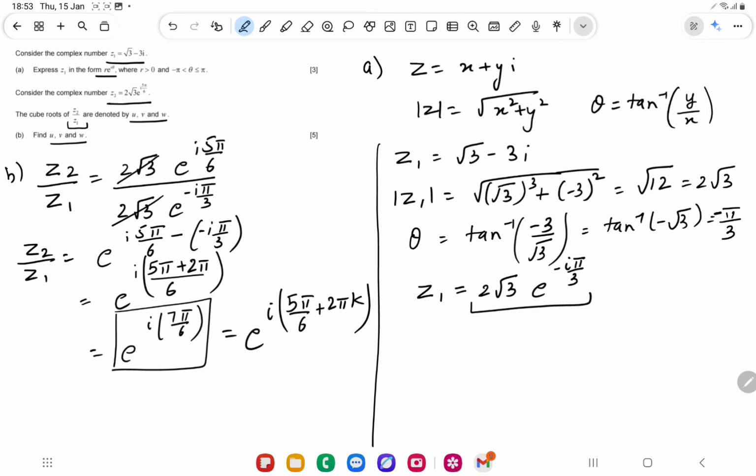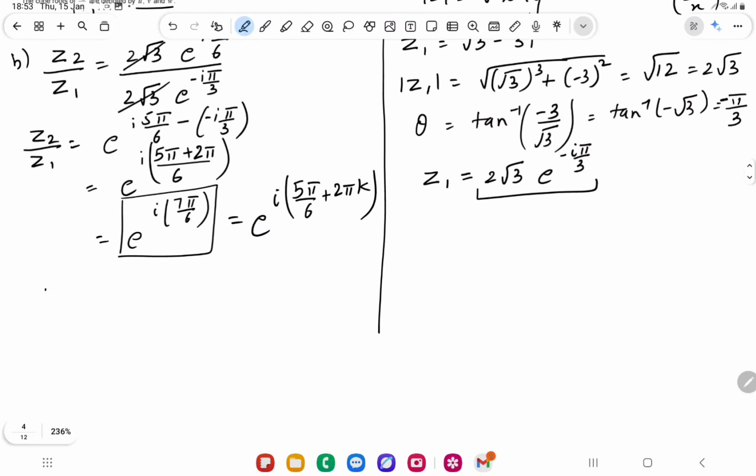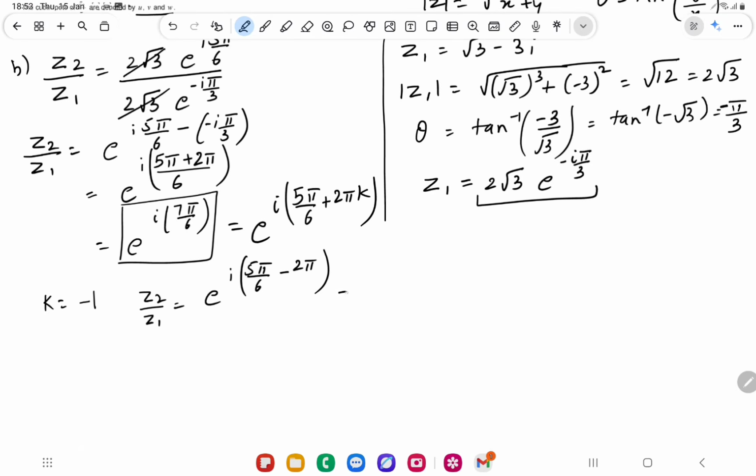Now I have to take different values of k. First of all, I can take k as minus 1. So z2 by z1 for k equals minus 1 will become e to the power i 5 pi by 6 minus 2 pi. On simplification, you will get it as e to the power i 7 pi by 6.